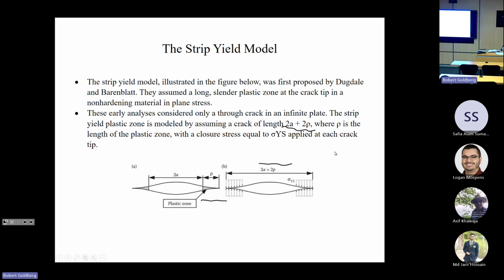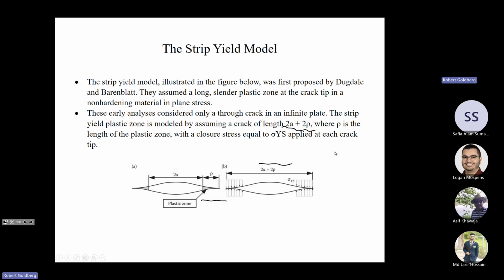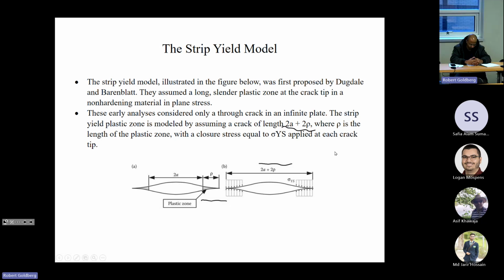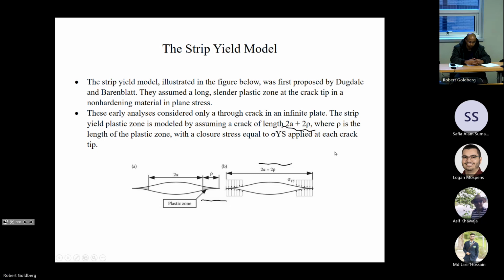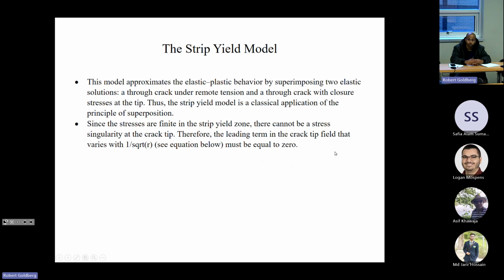We assume that a closure stress equal to the yield stress is applied at each crack tip. So this model approximates the elastic plastic behavior.